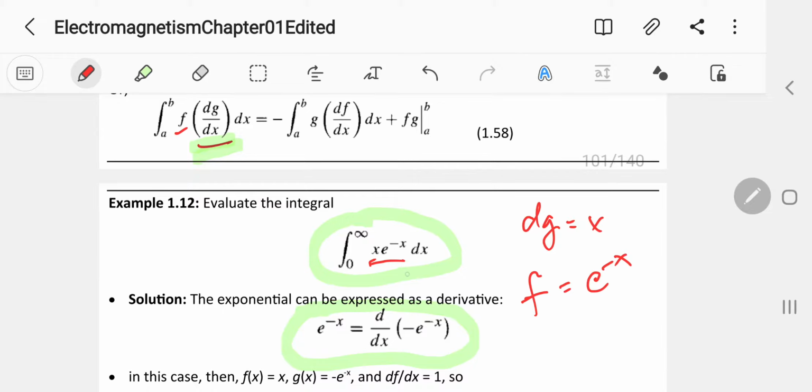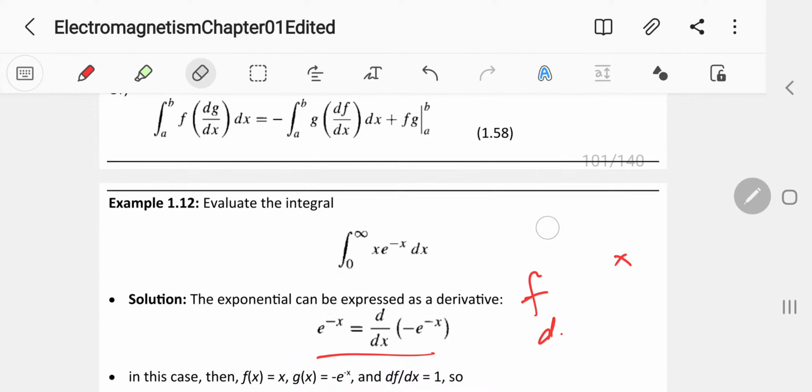As I've said, it's practical to assign e to the negative x to dg over dx rather than assigning x as that one, because it will just make things more complicated. You can actually try it yourself.